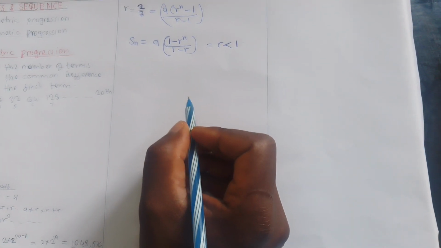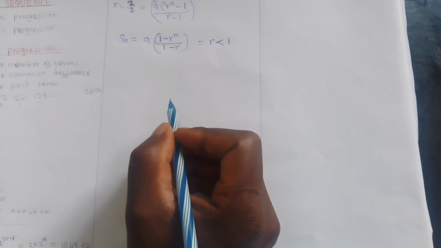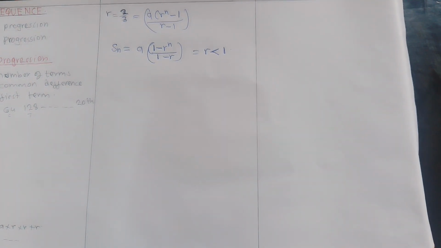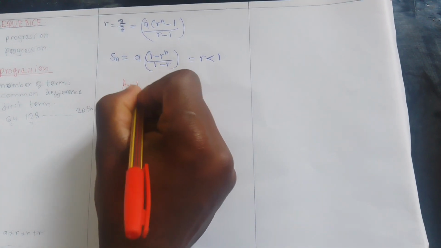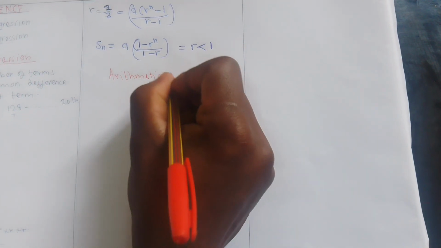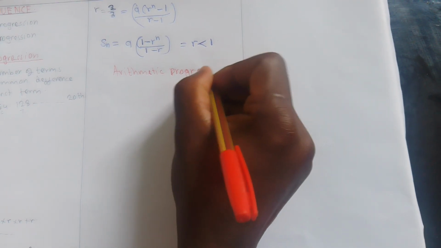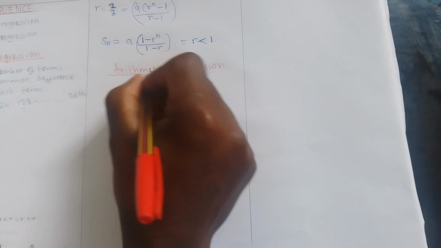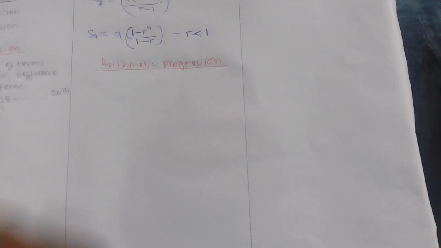So having done with geometric progression, let's now see arithmetic progression. For arithmetic progression, everything just remains the same.